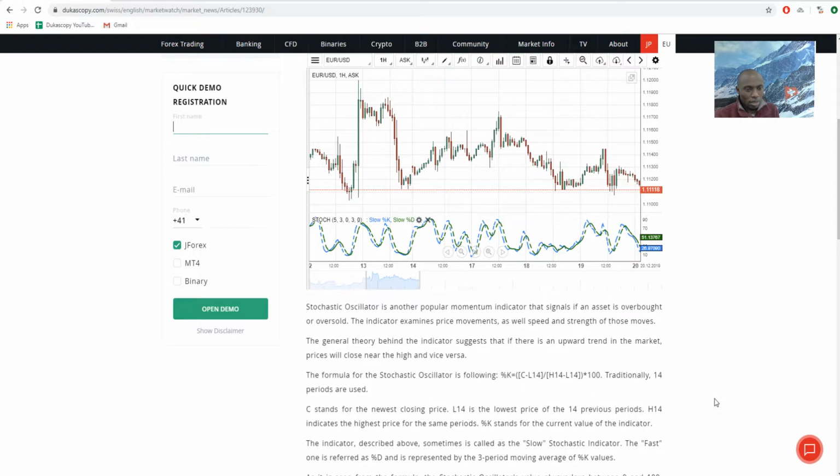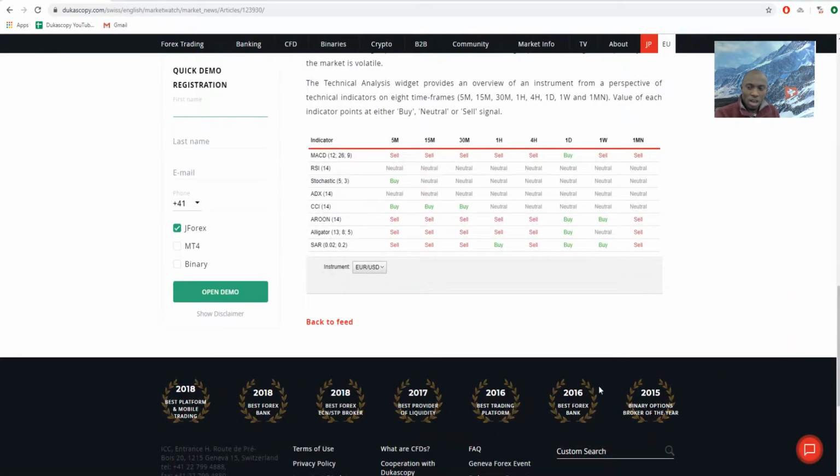Yes, MHB, we have the playlist for all the webinars, and the reason why I'm doing this stochastic, you can see we have this widget, and this is kind of a trading signal. And sometimes in our articles or in our trading ideas or technical analysis, we indicate that a technical indicator provides sell or buy.